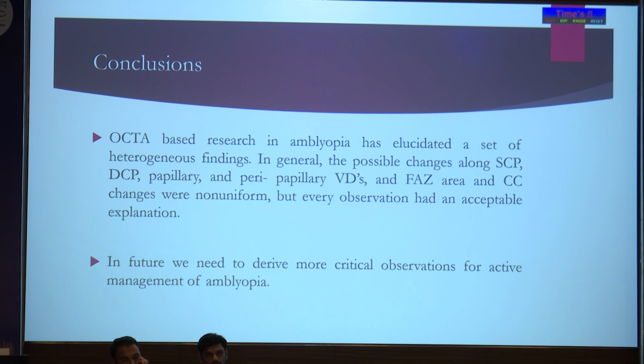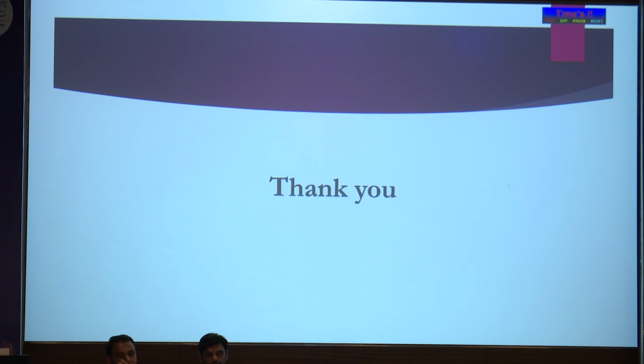However, those are never uniform. Few studies have stated that there is a reduction in those areas, but few studies have said that there is not. So we have to study further and continue this research so that we can come up with a better analysis and further use OCTA later on. Thank you.